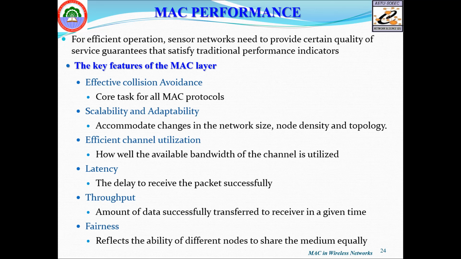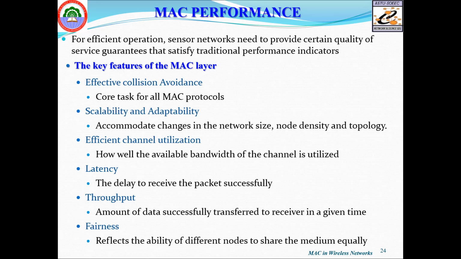Adaptability means that as the sensor network slowly becomes more and more dense, or at some point in time or at some particular throughput, how will the performance of that MAC protocol be? Another factor is efficient channel utilization: how effectively we are using the channel, like bandwidth or other resources.